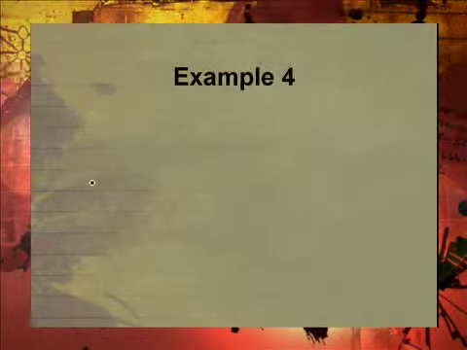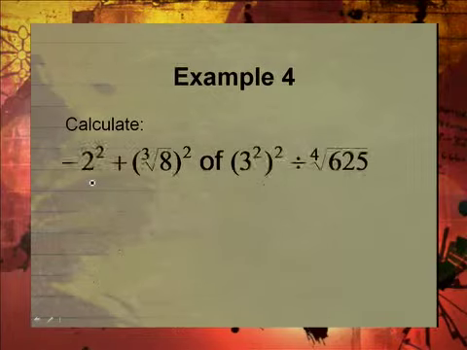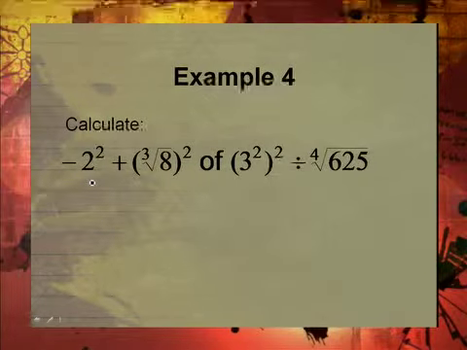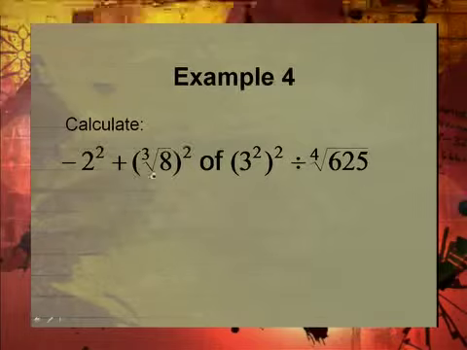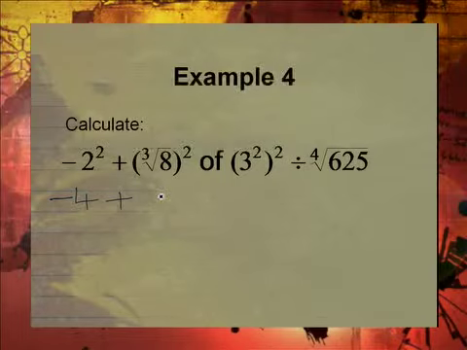Right, we're now on example 4. We have this sum here. Have a look. We have calculate negative 2 squared plus that. If you just read this, guys, look how complicated it looks, but it's not. If we start small, we're going to work this out. Negative 2 squared will come to 4. Use a calculator there. And then plus, we said the cube root of 8 on a calculator gives you 2, but you keep your square.